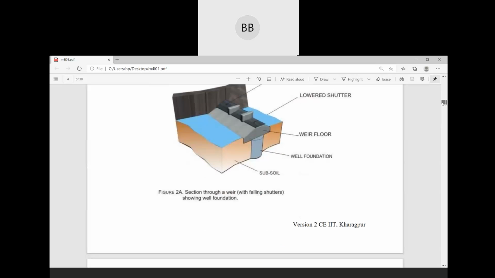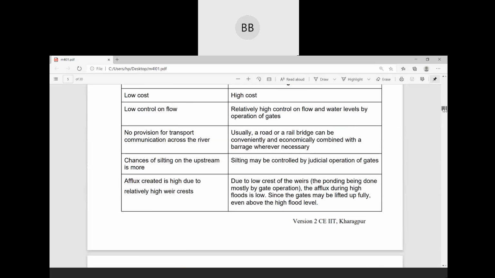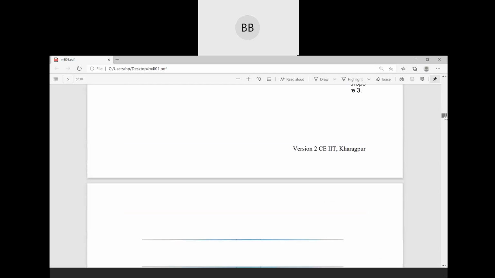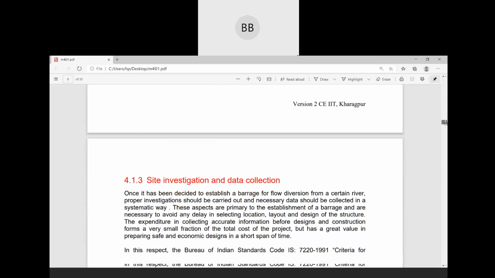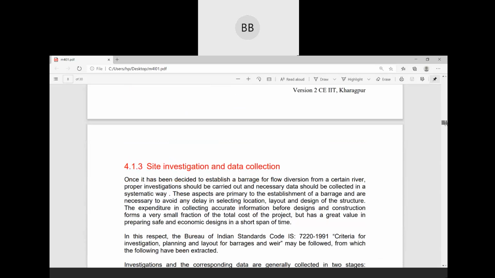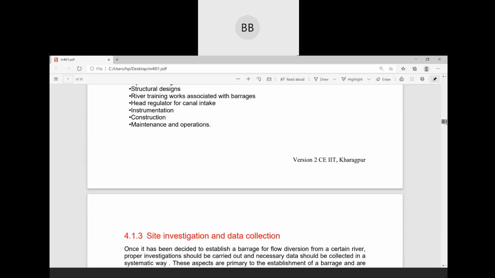Those things are not included in your syllabus, so you are skipping. If you want, you can go through all these lectures also. I have collected them from the NPTEL site, and this is given by IIT Kharagpur.